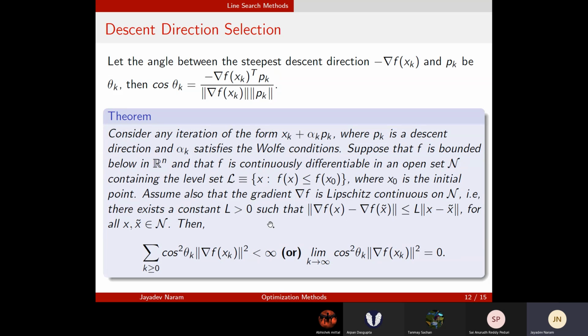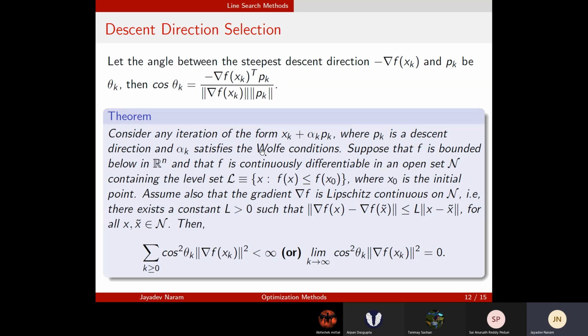And when all these are satisfied, the series sum of cos square theta into grad norm square will be less than infinity. The sum of the series will be finite if and only if, as k tends to infinity, the limit of the kth term will be 0.